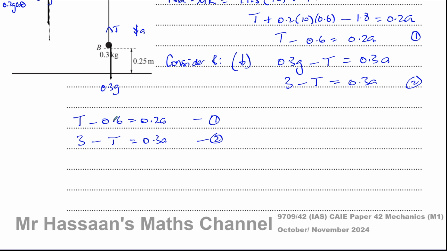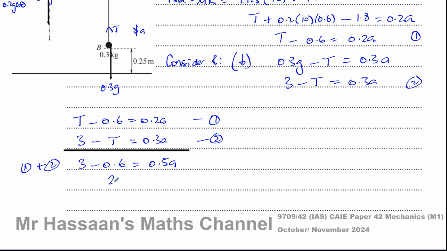You'll end up with 3 minus 0.6 equals 0.5a. So what we've done here is add these two equations together to eliminate the T.